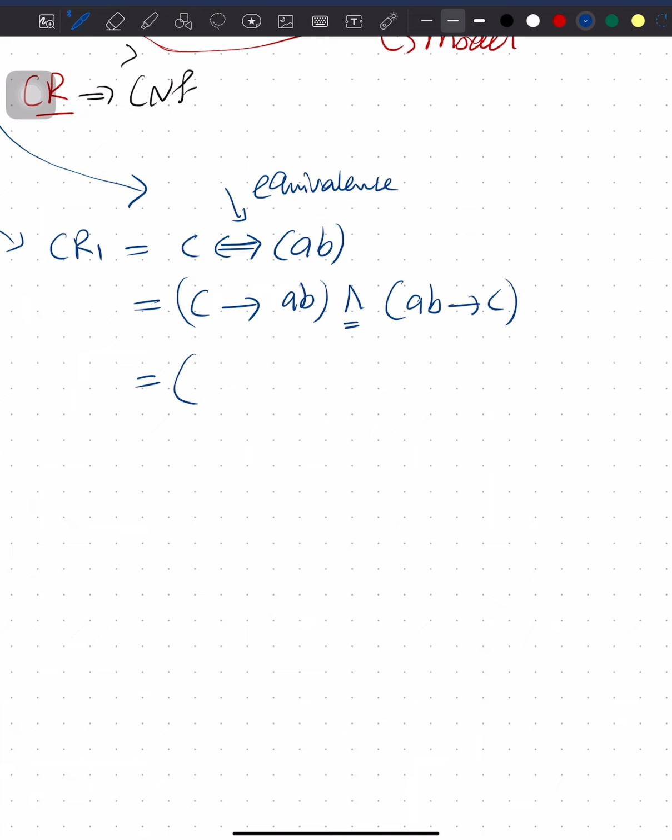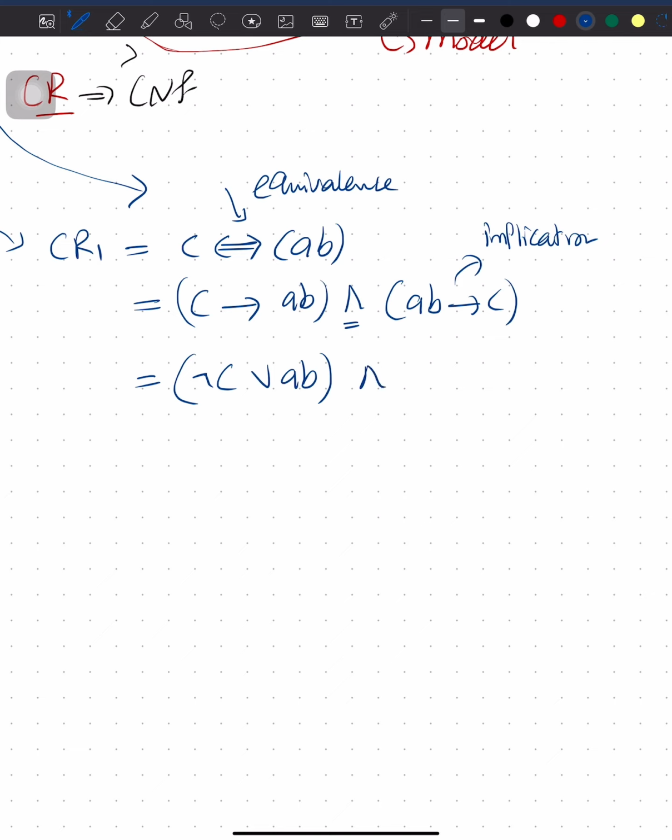We can further break the implication as we covered before. This is implication. We can say implication is basically not the first literal, so not C or AB.